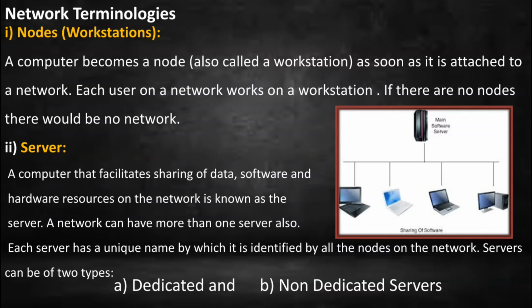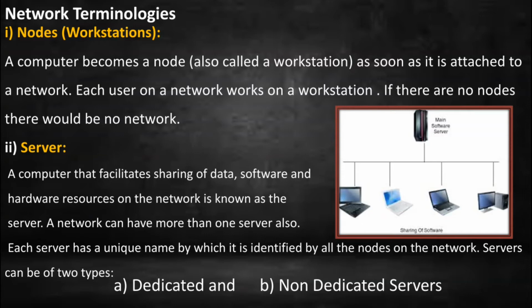Just like a tree has a node, the same in a network, it is called a node. So when your standalone computer is connected with a network or with another computer, it is called a node or workstation.